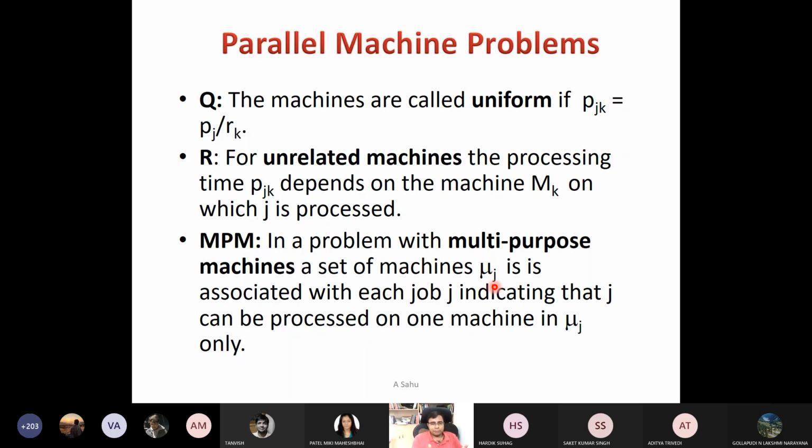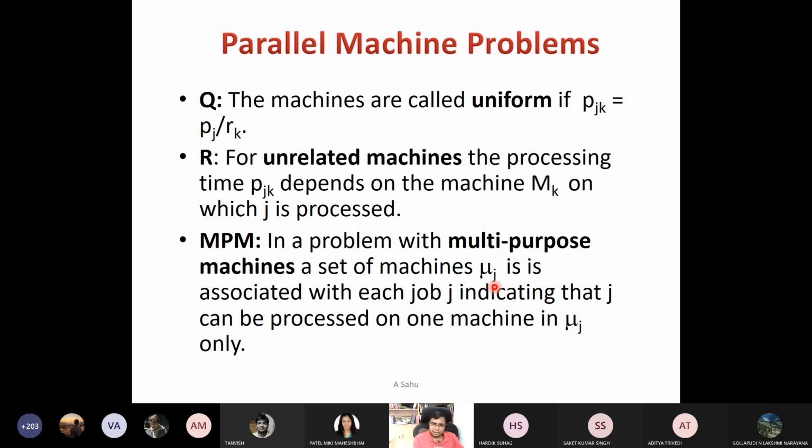The third kind of machines is called unrelated processing, R. In unrelated processing, the processing time Pjk depends on the machine Mk on which job J is processed. The last kind is MPM, a problem with multi-purpose machines.